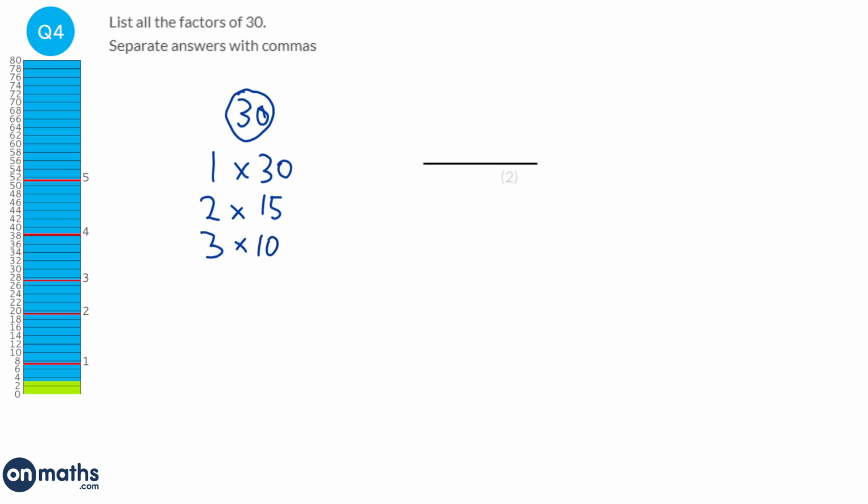Now 4 doesn't go because 30 is not in the 4 times table. 5 times 6, and we notice that if we pick 6, it's just going to be 6 times 5, just the opposite. So the factors are all the numbers that we've just written down, so it would be 1, 2, 3, 5, 6, 10, 15 and 30.